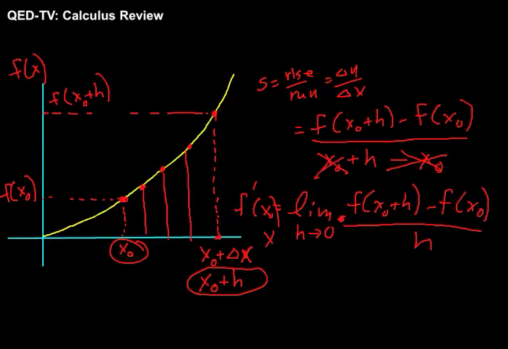Okay, so let's kind of relook at that. Let's do that over again. And let's say that we have a curve, and we know what the function is. Let's say we put it in here, and it goes up on the other side here. And we'll say this function is y equals x squared.